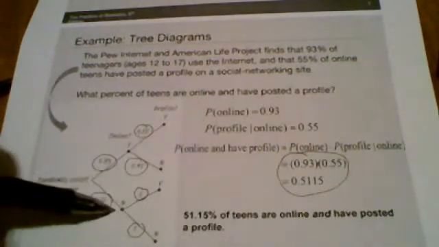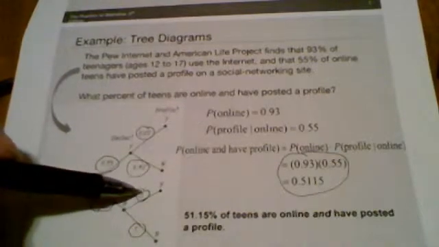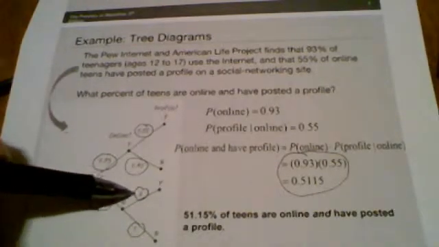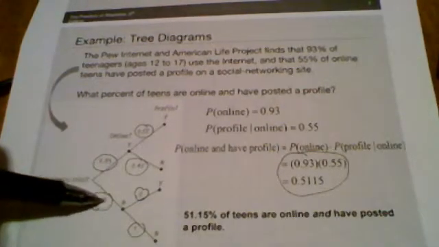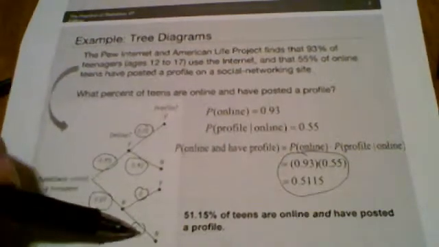If they are not online, then their chance of creating a profile is 0, because they will not create a profile since they are not online, and their chance of not creating a profile and not being online, that's 1 right there.